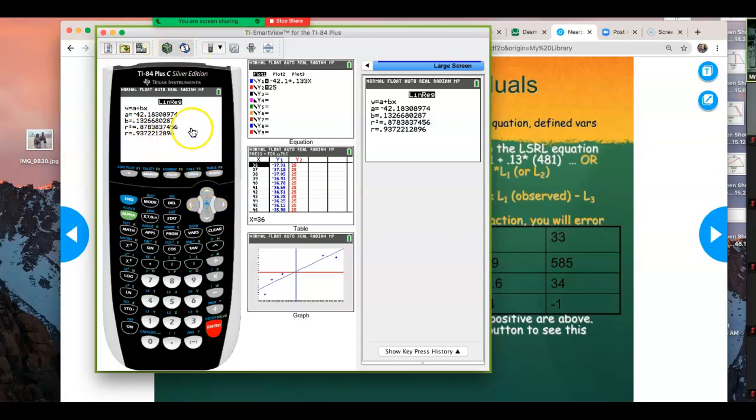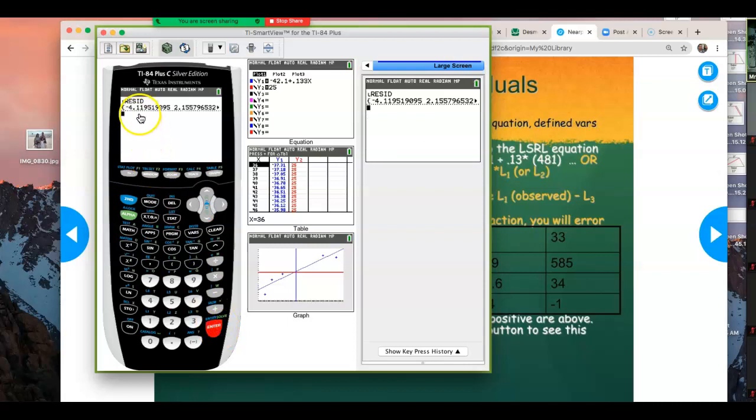Whenever I do this, a residual graph is made. The residuals are calculated. So if I press second stat, notice there's a list called residual list. If I go down to the residual list, I can see what those numbers are.